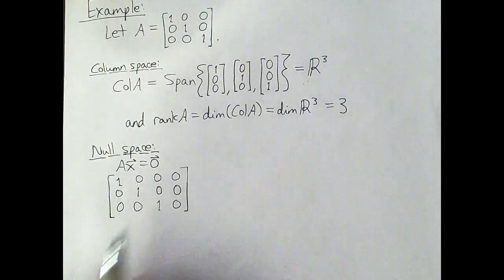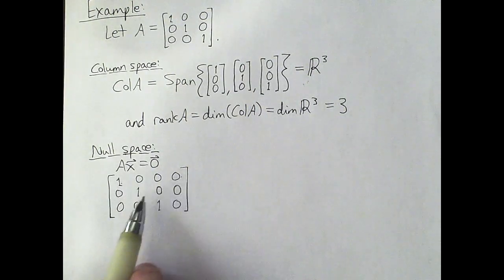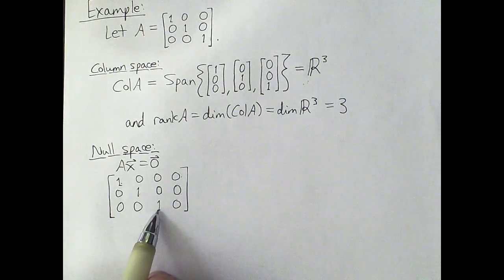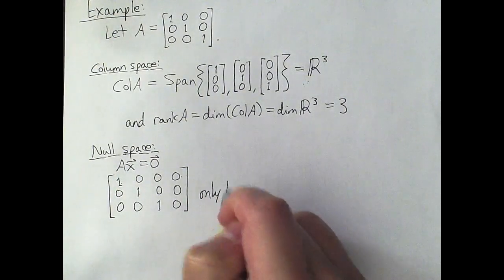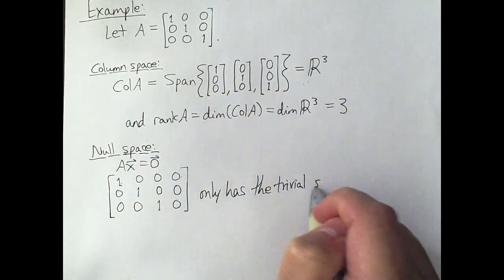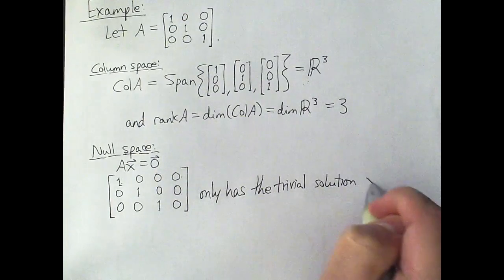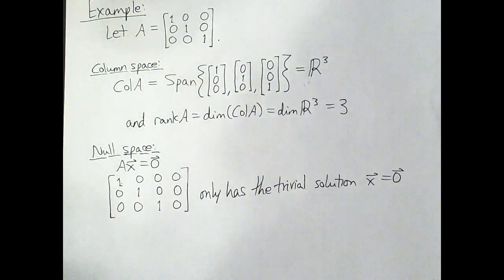So what is the solution to this? Well, you could actually read out what this is saying. Row 1 is saying x1 equals 0. Row 2 says x2 equals 0. Row 3 says x3 equals 0. So this only has the trivial solution, x equals the 0 vector. We know that a homogeneous equation like this always has at least the trivial solution, and in this case, that's the only one.